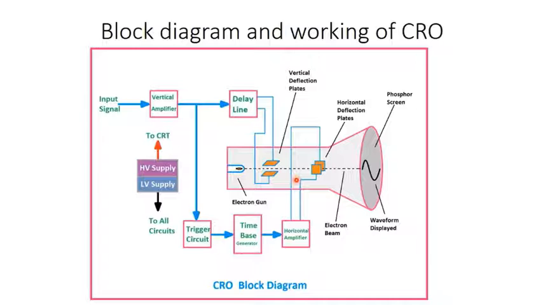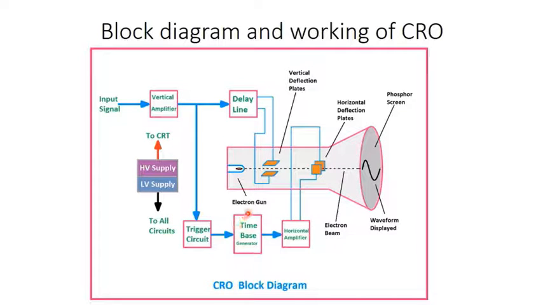This is a two axis display, so it requires horizontal deflection and vertical deflection. So we require some basic blocks or components for this. The input signal is given here, and it is amplified vertically, before it is given to the plates. We will amplify it, and the signal will be given to that plate. So vertical amplifier, horizontal amplifier.